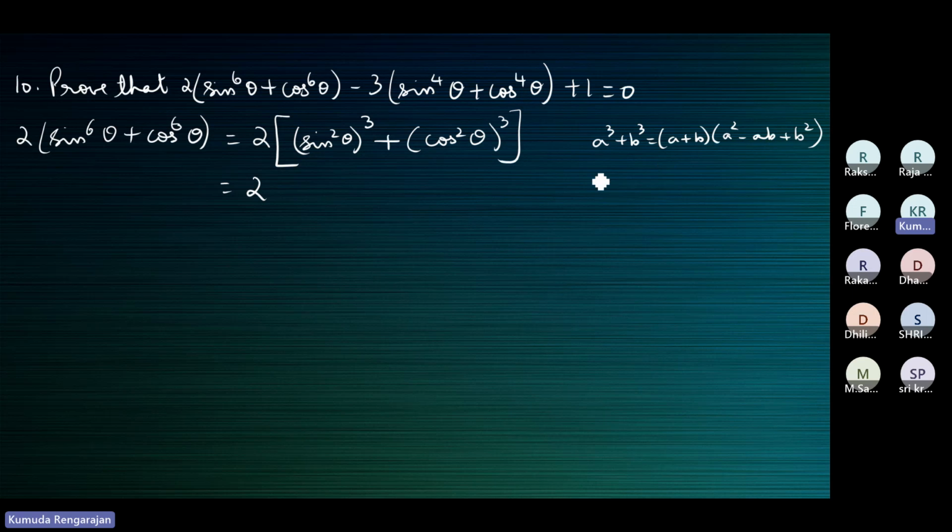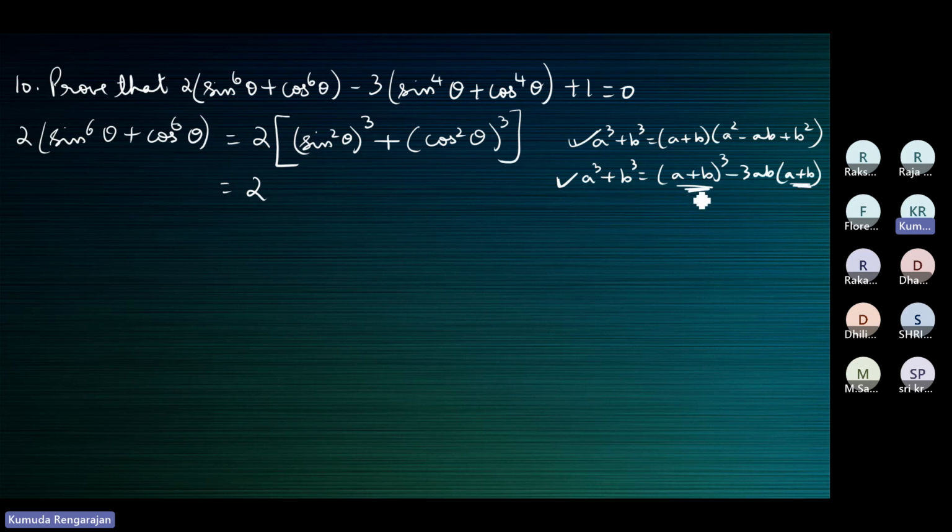You can use this one, or you can also use a cubed plus b cubed is equal to a plus b the whole cube minus 3ab into a plus b. Now this one will help you better than this. You can use this also, but this will help you better because you have a plus b here and a plus b here.